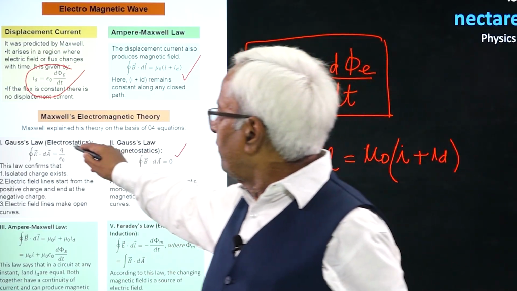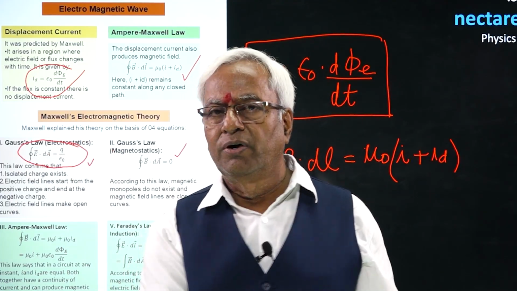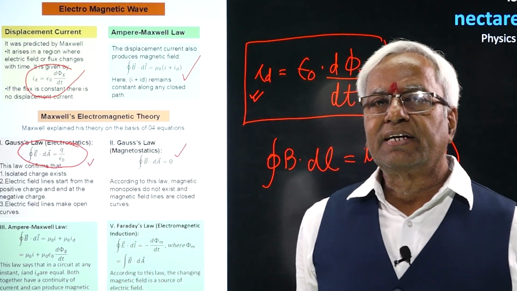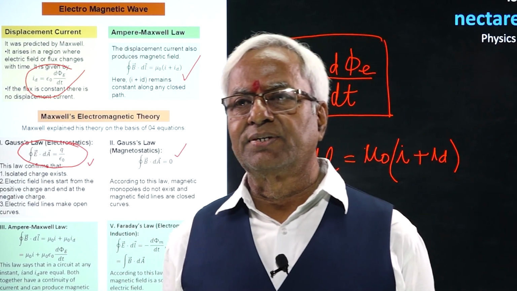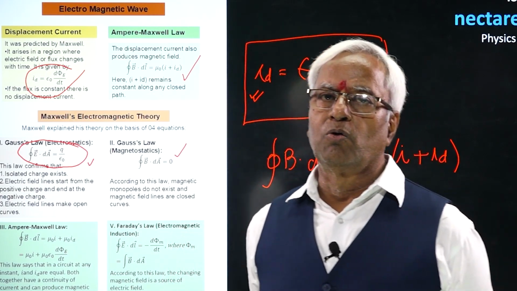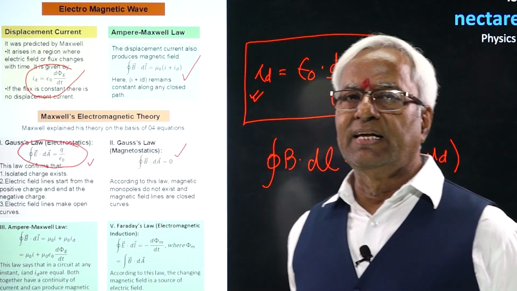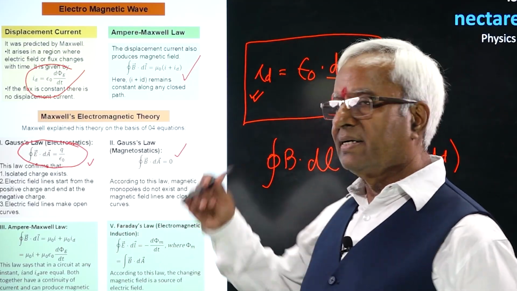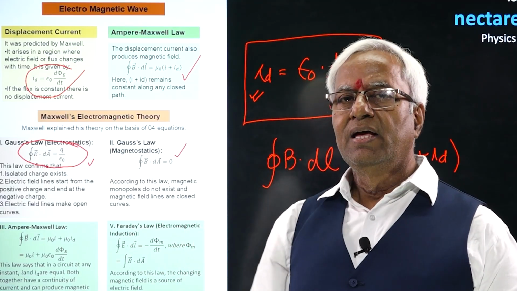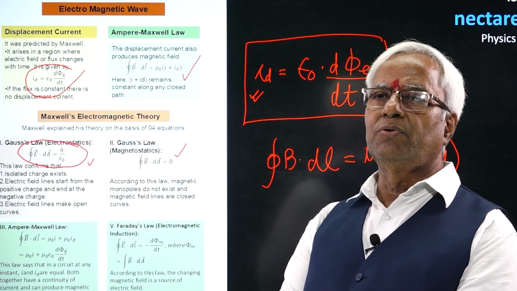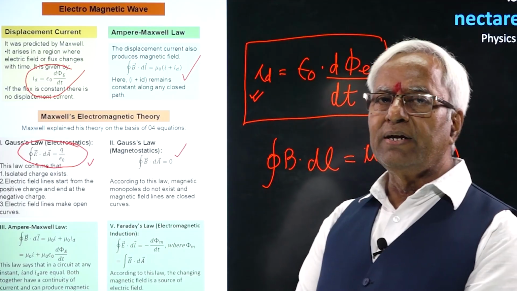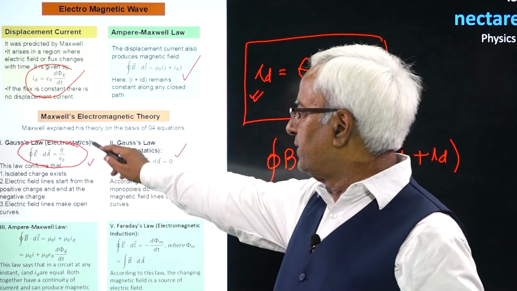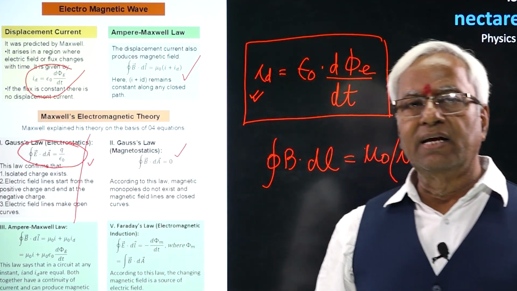This law confirms that charges can exist as monopoles. From plus charge, the electric lines of force start. At minus charge, electric lines of force terminate. Moreover, electric lines of force can be open curves. This was confirmed by Gauss' law itself.